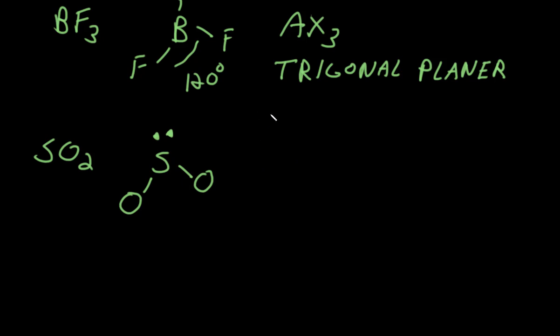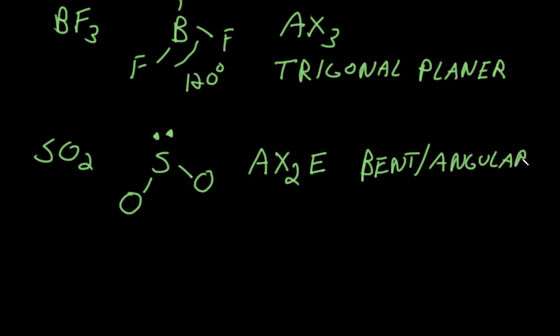If we are going to write this as an AXE, we have our central atom, which would be the sulfur. Our X, or covalent bonds, would be 2. And then our E, we actually have one unshared pair of electrons. So we have an AX subscript 2E, and this is going to be bent, sometimes called angular.